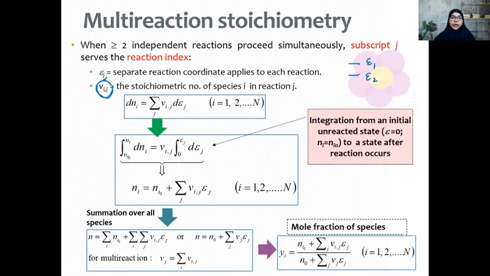And then by rearranging this expression, we can obtain the mole fraction of the species using this expression.